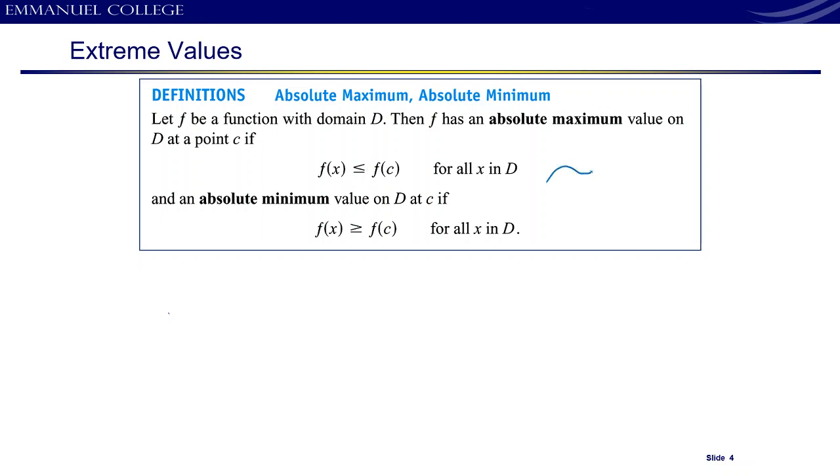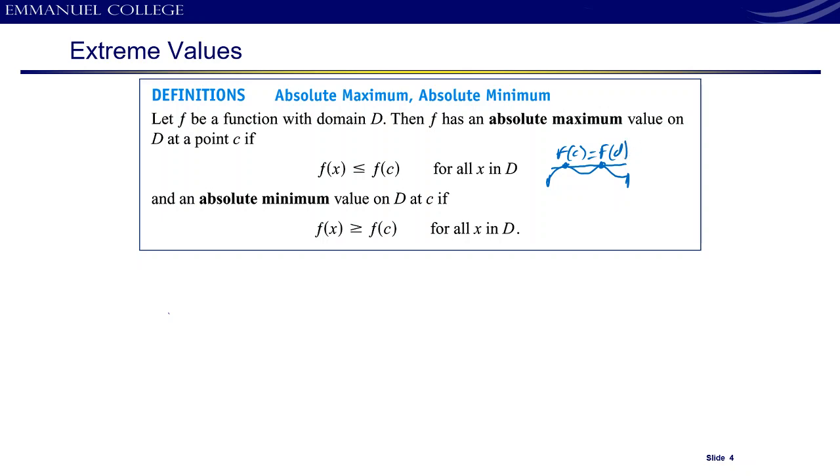So if you had something like this, let's say this was your cutoff for the domain. Let's say this was f of c, and then let's say that it was equal to this point, which we'll say is f of d.